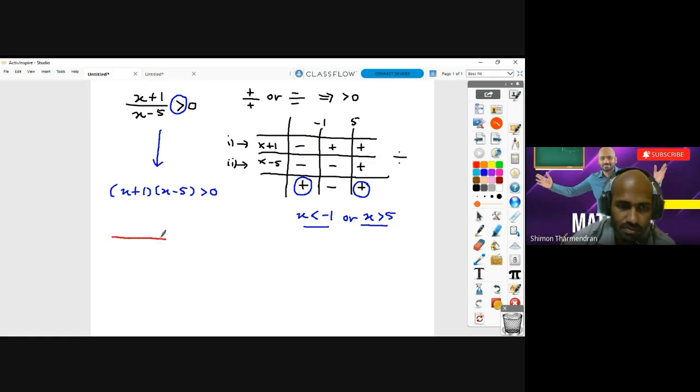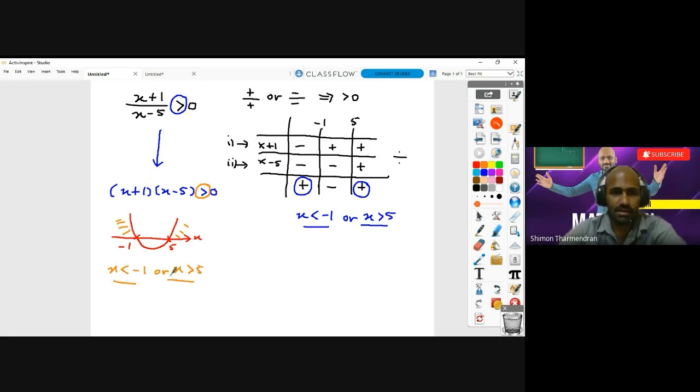So watch over here, if I draw a line, this is my x-axis, smiley face graph. When expanded I get positive x squared. The smaller root is -1, and then this is 5. Again, I want this greater than 0. Greater than 0 is this side and this side. So x is smaller than -1, or on the right-hand side, x is greater than 5.